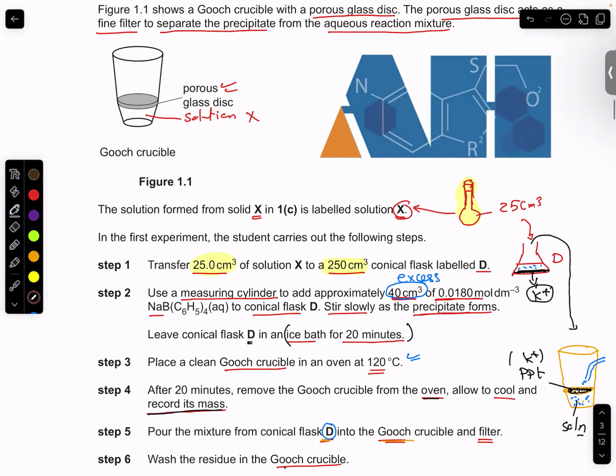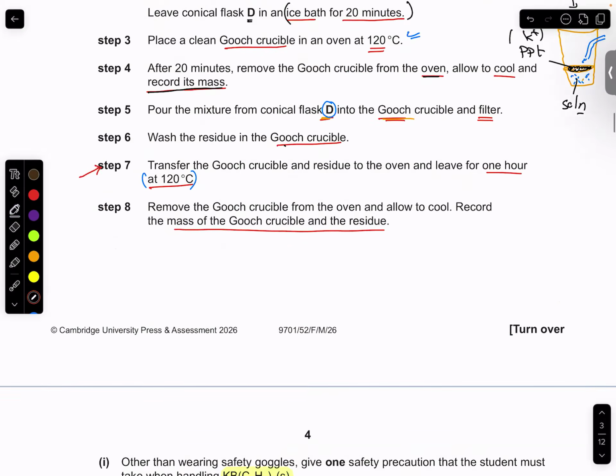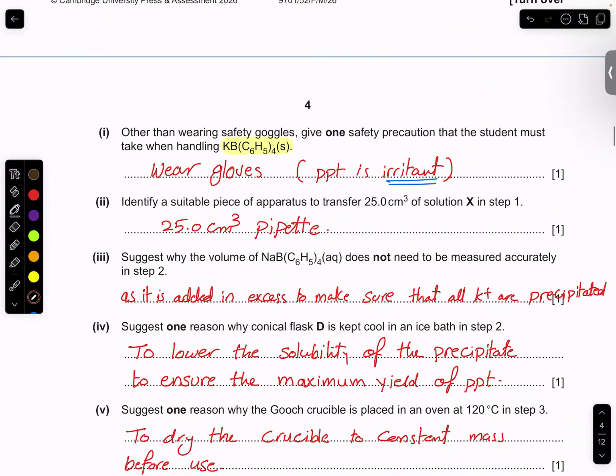So the exact amount is not important. The most important thing is to make sure that this amount is in excess so that it will precipitate all the potassium ions from the solution. Okay? So it is added in excess to make sure that all K+ ions have been precipitated.